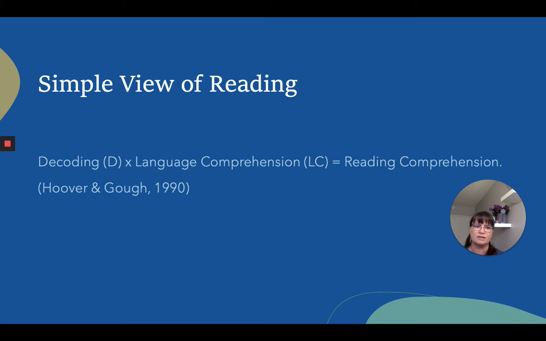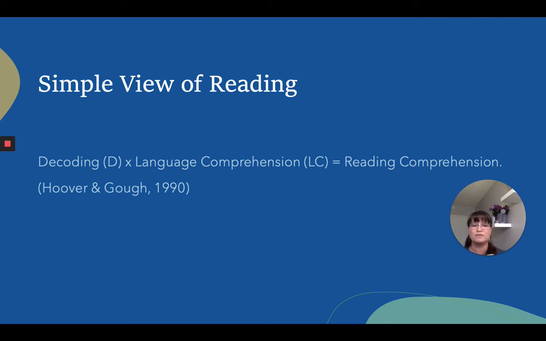Now, structured literacy approach harkens back to the simple view of reading, which was created, that term, in 1990. And in the simple view of reading, decoding times language comprehension equals your reading comprehension. So if students are struggling with decoding, it doesn't matter how great their language comprehension is.